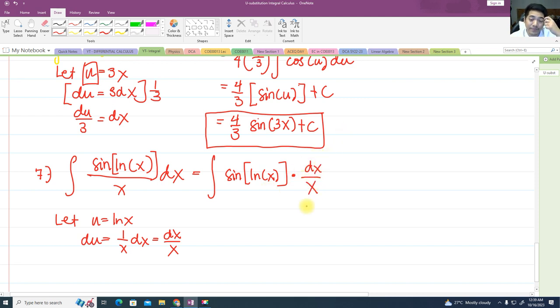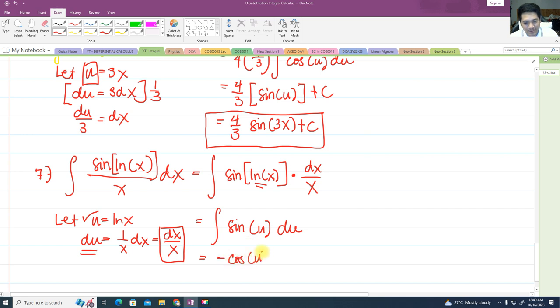That is still the same, because this is multiplied by 1 all over x. So we have seen dx all over x here. So we can now substitute: our ln of x is now u, and dx all over x equals du. So that is simply the integral of sine of u du, and that is negative cosine of u plus c.